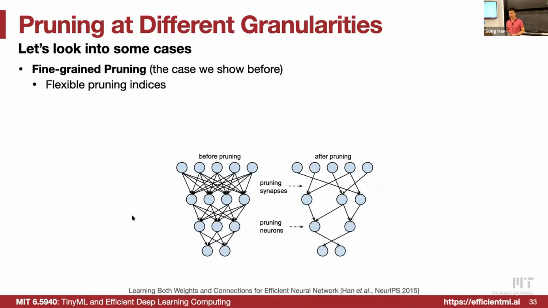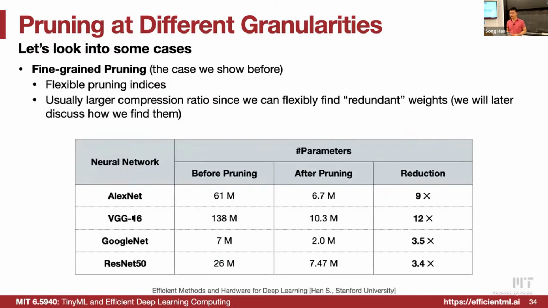This is the way to go. It has very flexible pruning indices, and you already have larger compression ratios since we can very flexibly find those redundant weights. For example, here we can compress it by up to like an order of magnitude for these different neural networks.